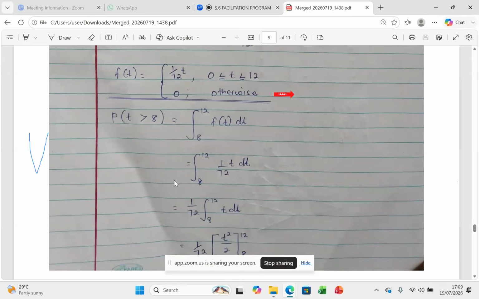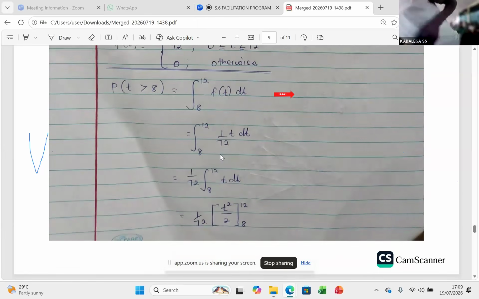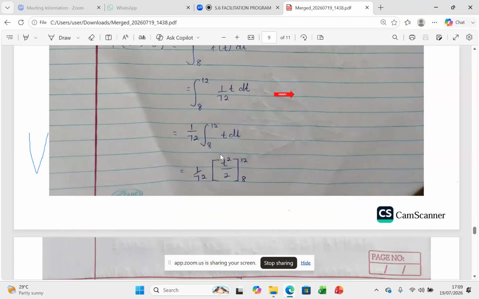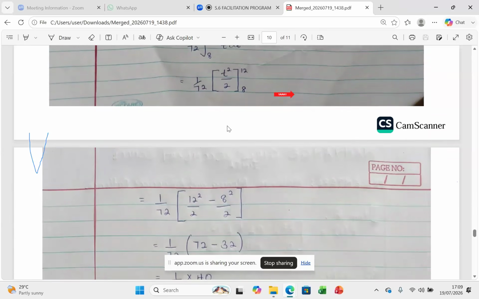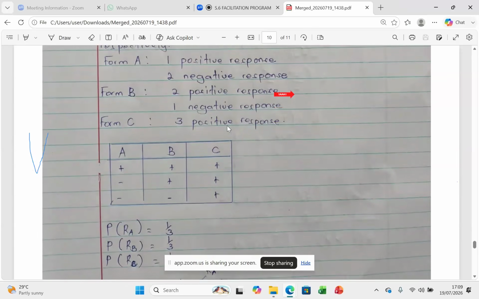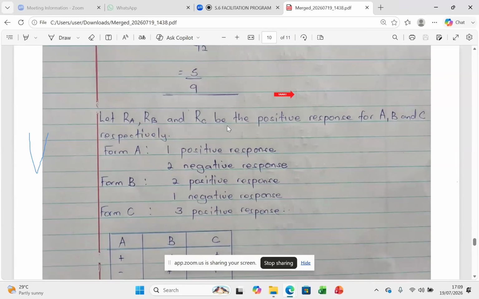Then you substitute the function f(t), integrate, and follow the same procedure to get the value for the probability.